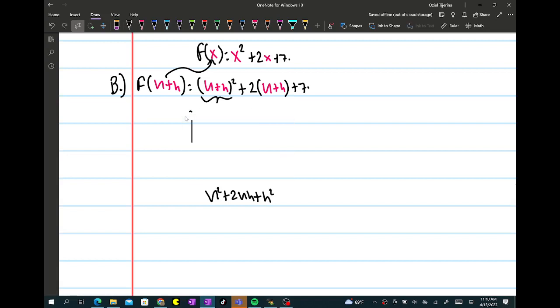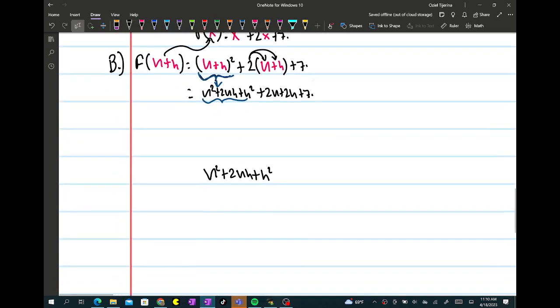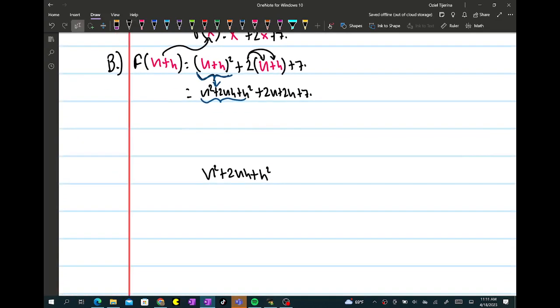So that is what we would plug in for this. So it'd be u squared plus 2uh plus h squared. And then we have plus 2u. So really, this is what this would be right here, this entire thing. And then it would be plus 2u plus 2h plus 7. And now, I believe that's the only thing we can do.